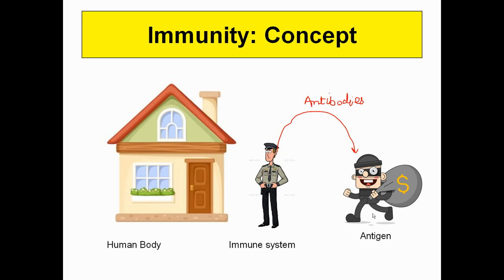Our immune system is capable of fighting all these things which are foreign to our body and not required by the body, with the help of a secretion, that is antibodies. Antibodies are a proteinaceous component released by the guard, the bullets, by which it protects the house from the robbers. This is very important.